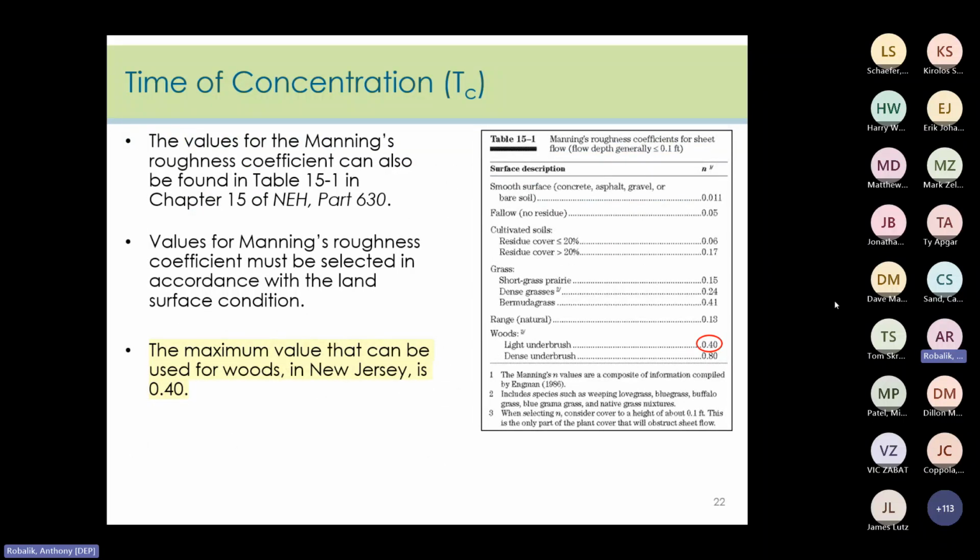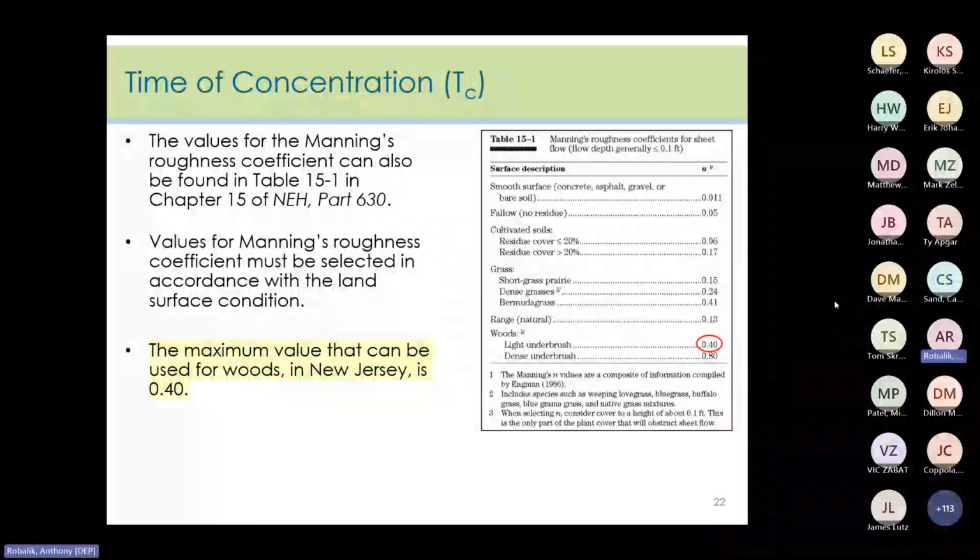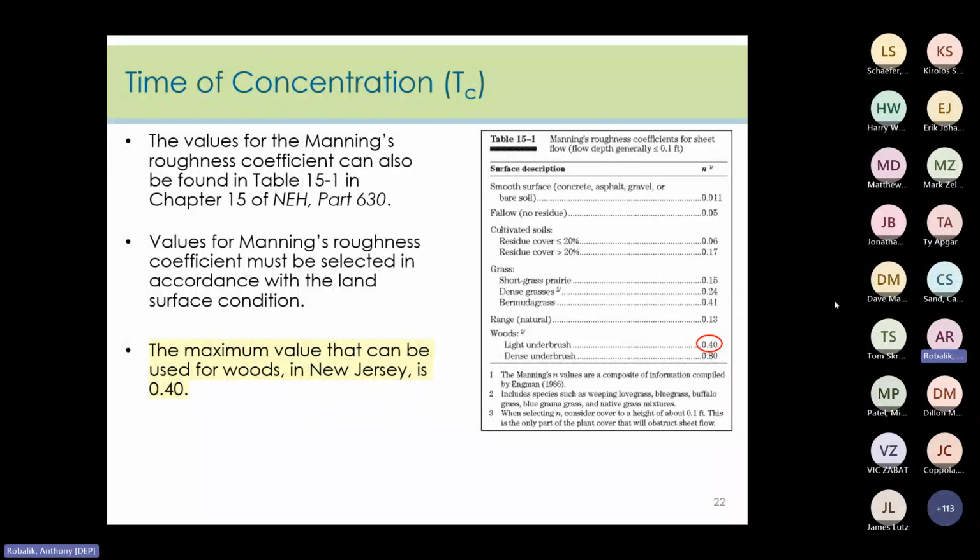Okay, so the next couple of slides will go into a little more detail on the roughness coefficient and the 2-year rainfall depth parameters. So first, let's look at the roughness coefficient, which is also called the Manning's N value. This table here is found in Chapter 15 of the National Engineering Handbook. And the roughness coefficient is a measure of the roughness of a surface or a measure of a surface's resistance to flow.